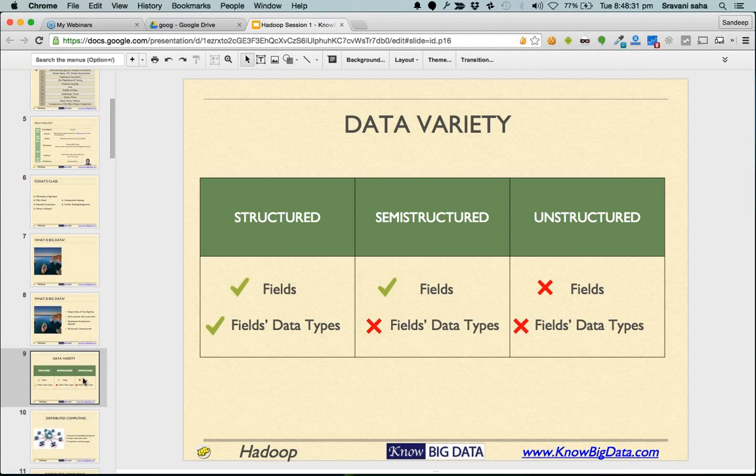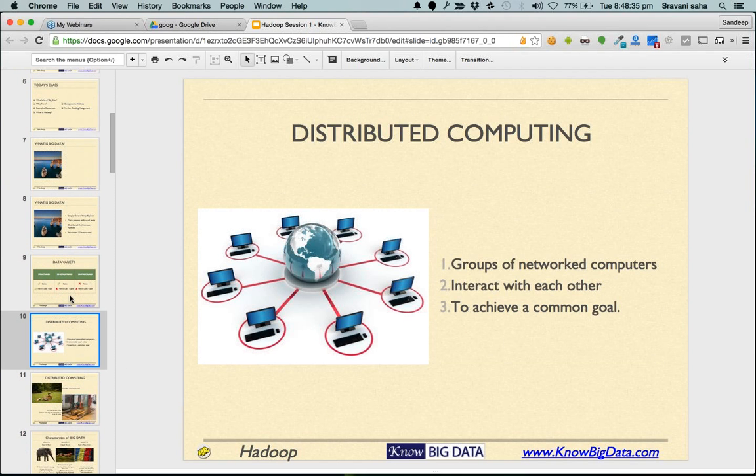So this is the definition of structured and unstructured. Next is distributed computing. When I talked about the big data definition, we said that to solve our big data problems, we require distributed computing. It means a group of networked computers which interact with each other to achieve a common goal.